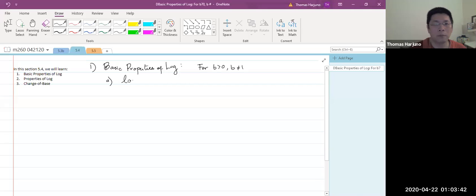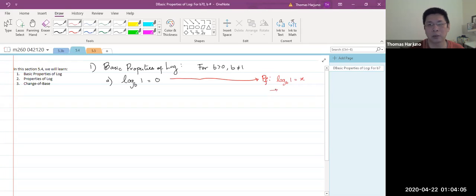Then log base b of 1 is equal to 0. The proof: suppose we call log base b of 1 equal to x.